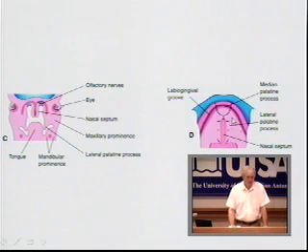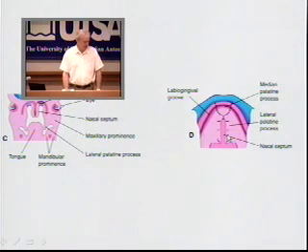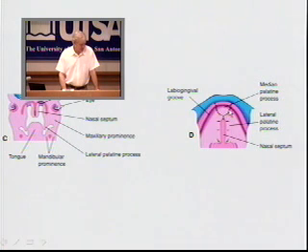So the growth of the lateral palatine processes is shown here in panel D. We see the remnant of the median palatine process. Remember, these were part of the maxilla in the adult bone that we saw before, and the incisive foramen will persist in here.